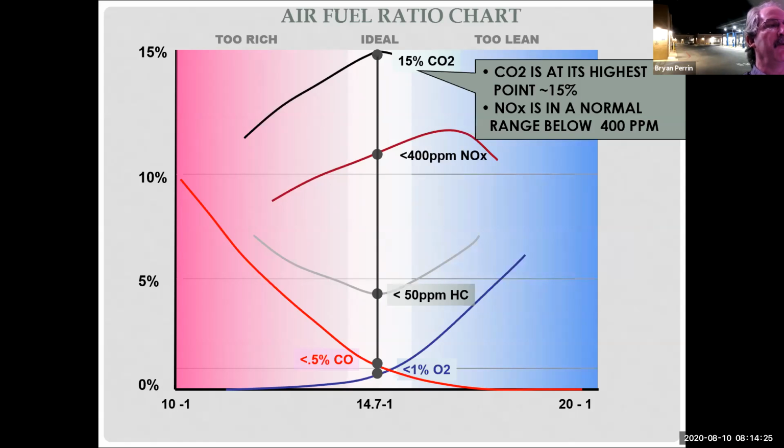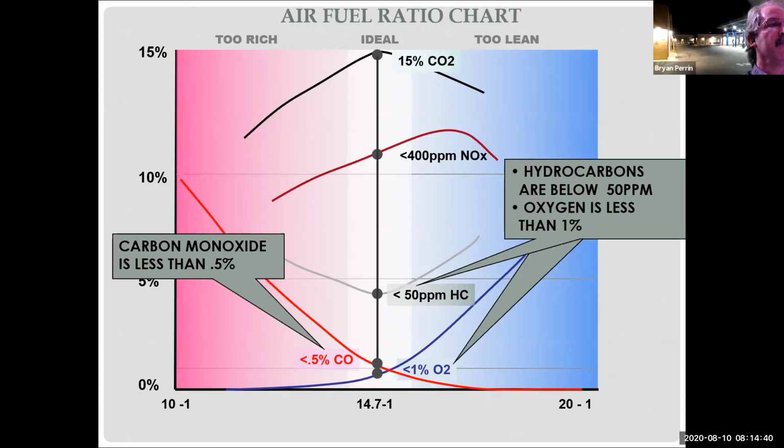So just to reiterate, CO2 is at its highest point, 15%, and NOx is normally below its normal range of 400 parts per million. Hydrocarbons are below 50 parts per million, oxygen is less than 1%, and carbon monoxide less than 0.5%. So this is where I'd like to be.